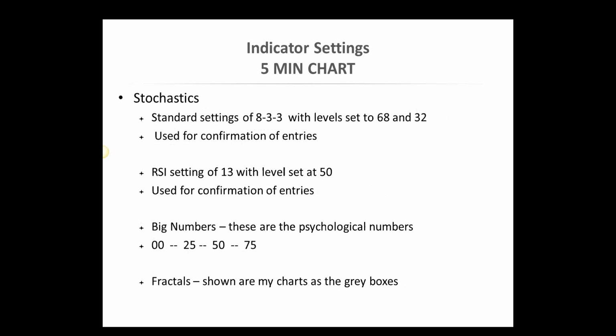The stochastics are very simple. Stochastics is set at 8, 3, 3 with levels of 68 and 32. These are used for confirmation of overbought and oversold territories, depending on the trend, obviously, of where we are.